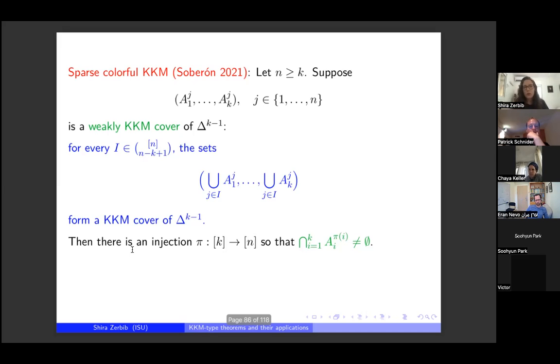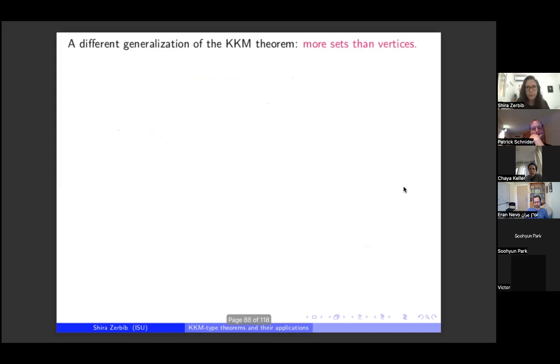Then the conclusion is that we can find an injection pi such that the intersection of A_i with index pi of i is non-empty for any i between 1 and k, which is exactly what we need if you translate back to the cake division language. And if we take k equals n, then again we get the colorful KKM theorem.